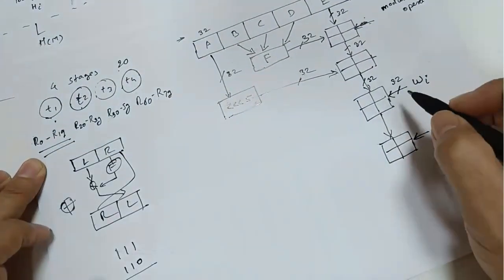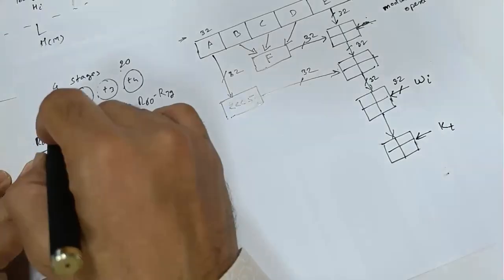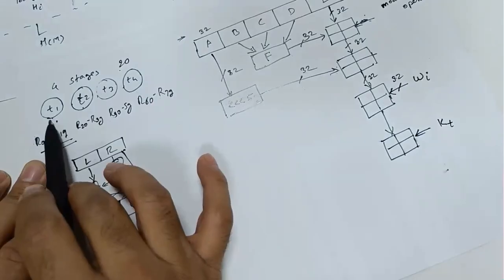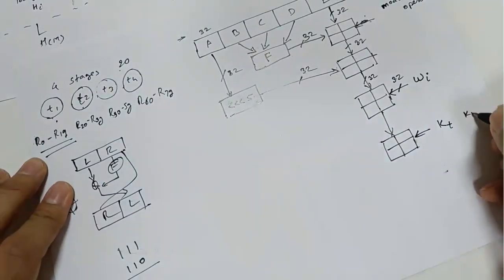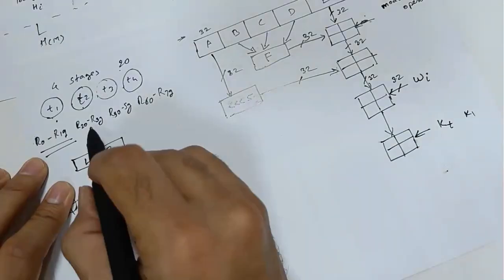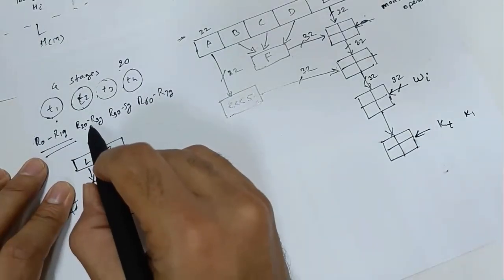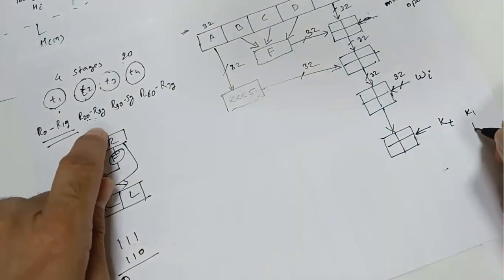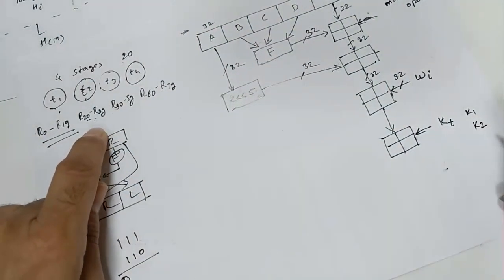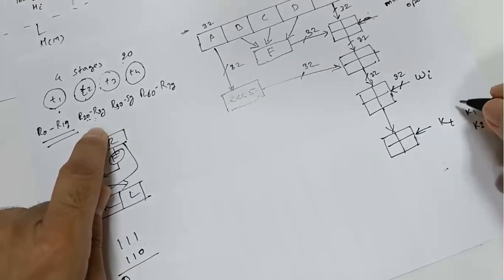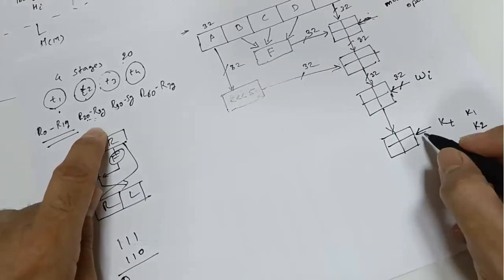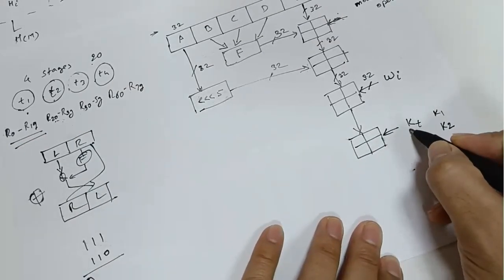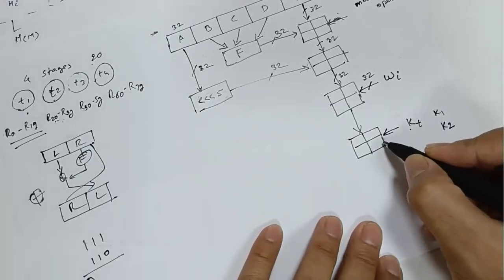Let us say this is round 0, in that case it will be K1. If the round number lies between round 20 and round 25, then the constant will be K2. I'll explain this part a bit later, but right now just understand that this is a constant which is getting into the fourth operator.